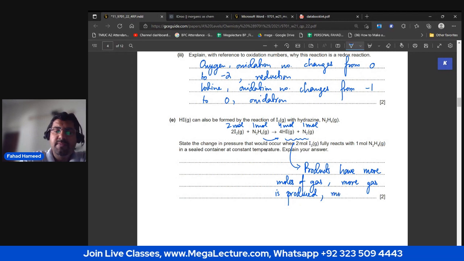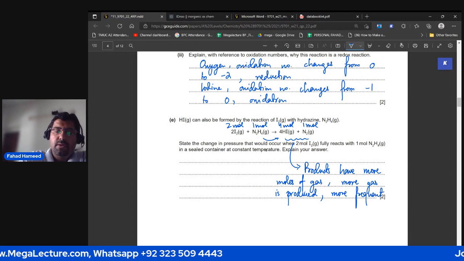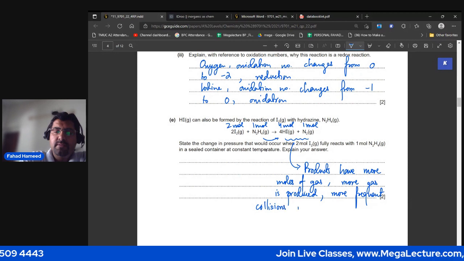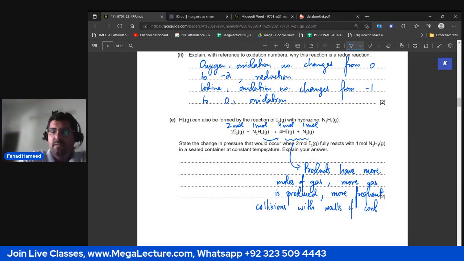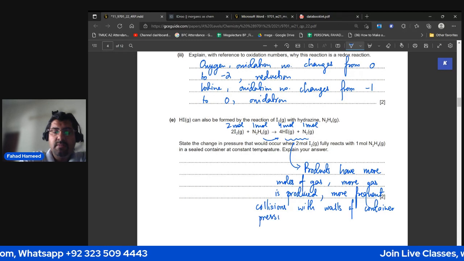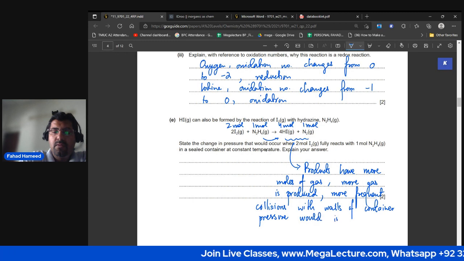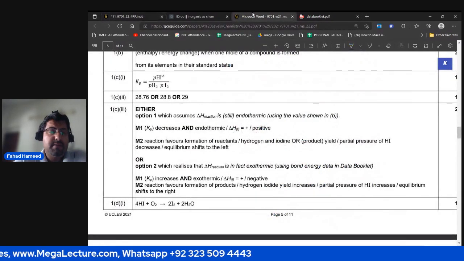So there's going to be more frequent collisions with the walls of the container, and the pressure would increase. And as a result, the pressure would increase. So that's about this one.